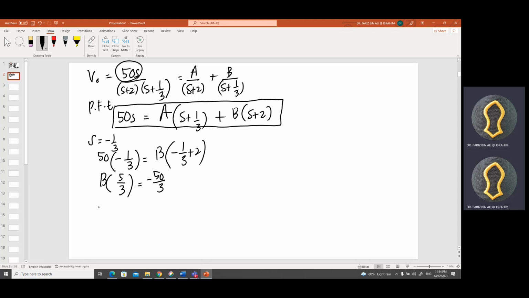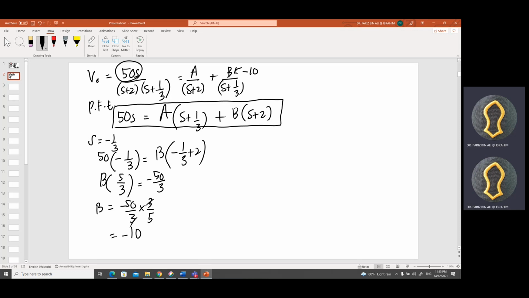So what is your B? Your B will be minus 50 over 3 times 3 over 5. Cancel. B is minus 10. Right? So you can put in here the value of B, which is minus 10.